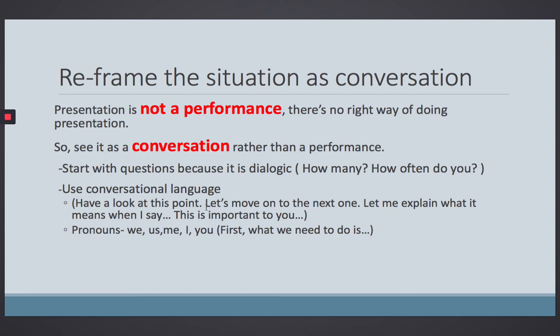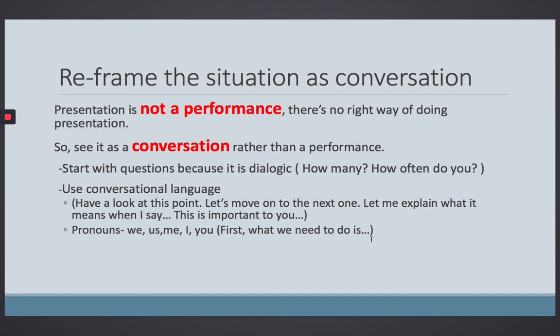Use conversational language. Have a look at this point. Let's move on to the next one. Let me explain what it means when I say, okay, this is important to you. So use all these words, all this conversational language. Pronouns: we, us, me, you. First, what we need to do is use we, us, me, you in the presentation to make it less serious, less formal.